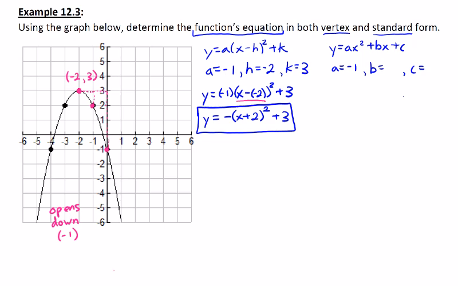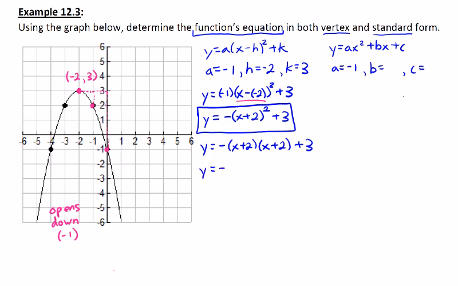So to expand the vertex form means that we need to go through the order of operations that are there. The first operation that I need to deal with is the exponent. The exponent implies that I should have repeated multiplication of x plus 2. Specifically, it should be there twice, x plus 2 times x plus 2.